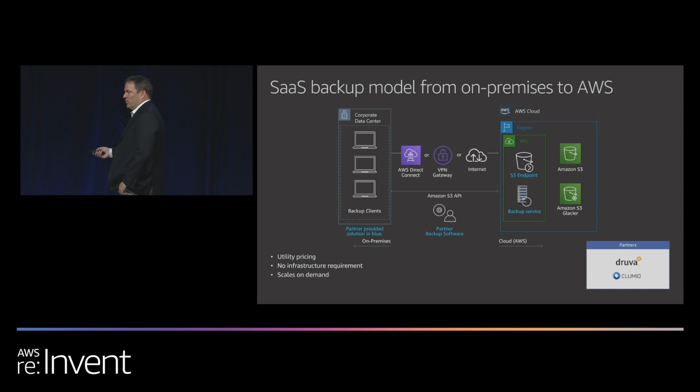As long as the basic transport capabilities of Direct Connect, VPN, or Internet are available, they manage that entire process. They provide it to you in a single interface, GUI, and you're able to manage it effectively that way.